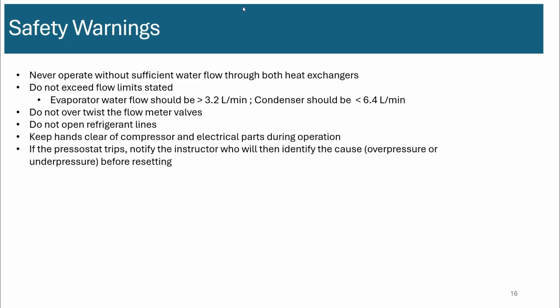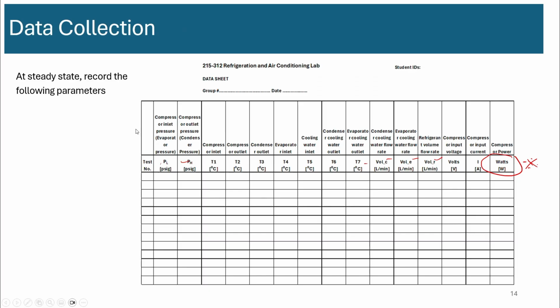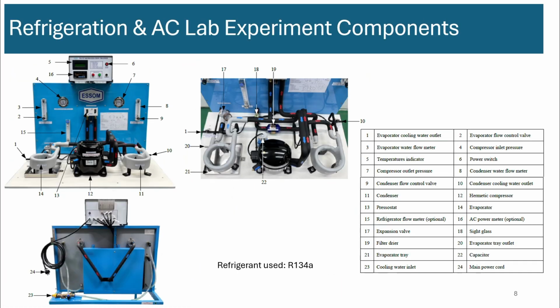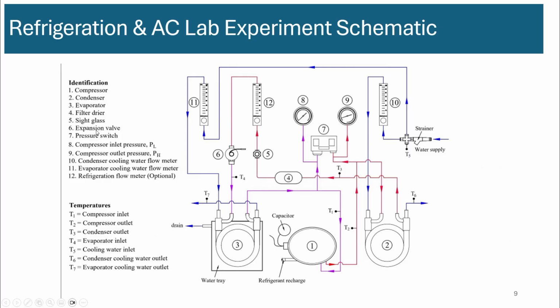If the pressure stat trips, which is the component that you've seen here, this component, if that trips, it's usually because it's detecting some unexpected pressure, maybe a really low side pressure or really high side pressure.